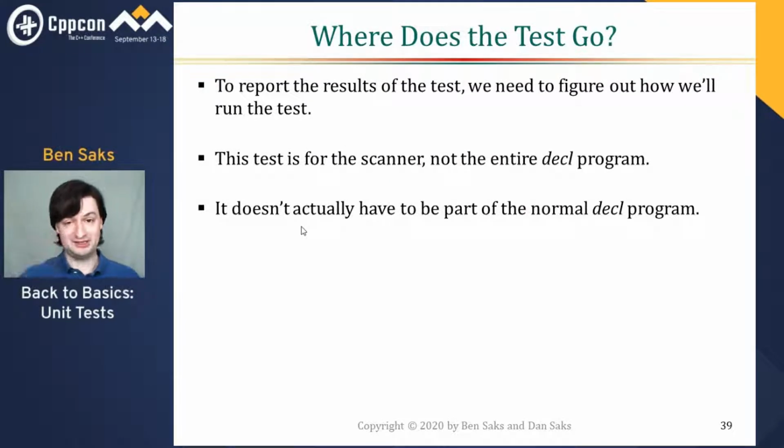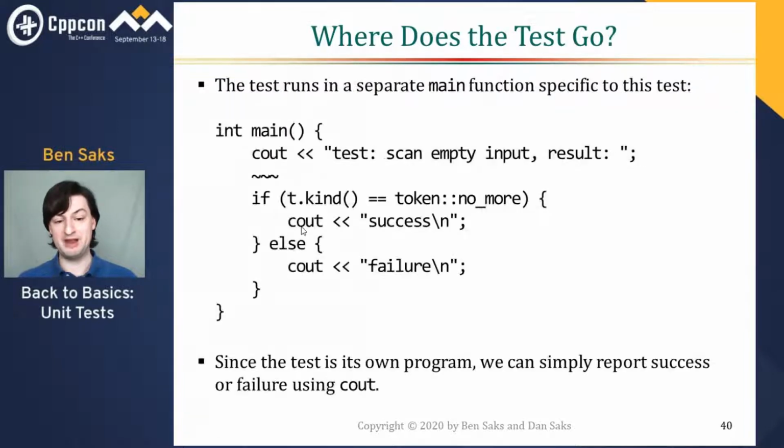So in order to report the results of the test, we need to figure out how we're actually going to run the test. And this test is for the scanner, not really the whole Decal program. So we don't actually have to use the main function of the Decal program to run the test. We can build a different main function that's specifically designed to run this test.